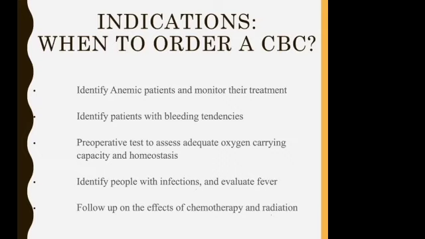We can use it as a preoperative test, which means that we can do it before surgery to assess whether the patient is likely to survive an invasive surgery or not. So remember, whenever you have a patient in the OR, it means that they are likely to bleed large amounts of blood. So it makes sense that you would assess their blood and their ability to coagulate and form thrombi before you start going into surgery.